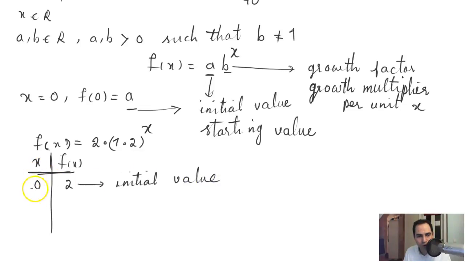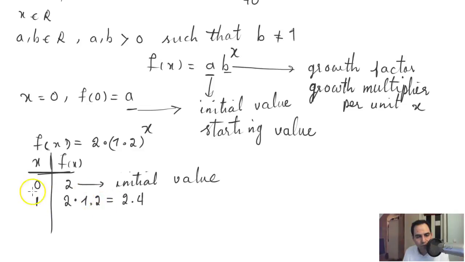And then when I increment my input by 1 unit, here I have 1.2 raised to the power 1, so it becomes 1.2, and then it becomes 2 times 1.2, which is 2.4.